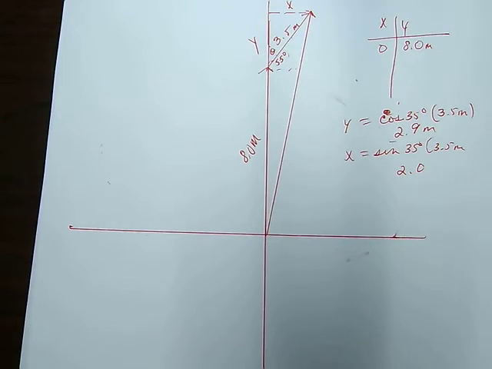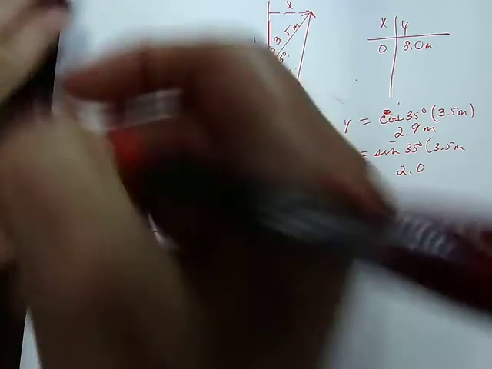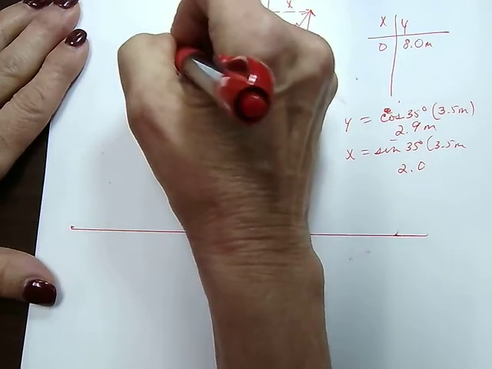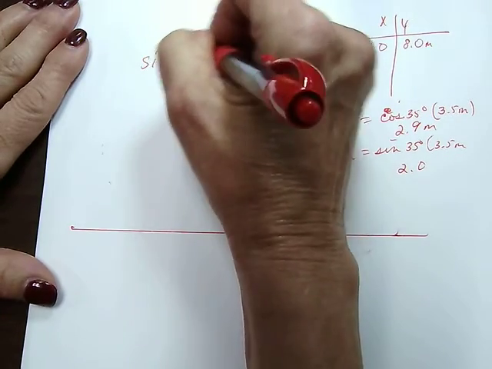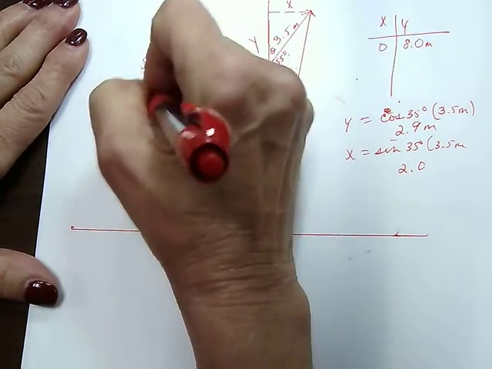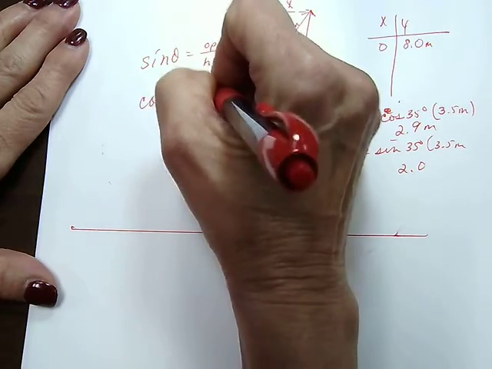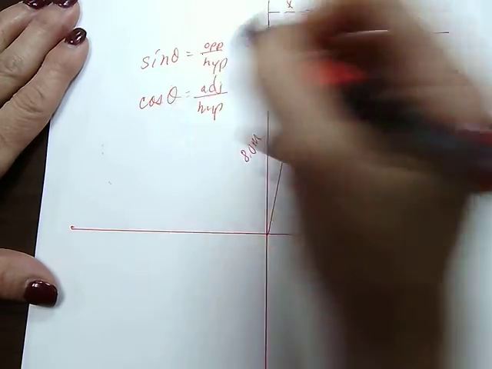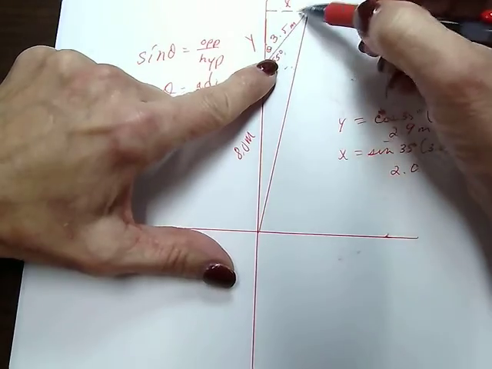Like, how do you get the sine and cosine stuff again? I have it written down. Okay. So sine of theta is opposite over hypotenuse, and cosine is adjacent over hypotenuse. Now look here, I'm looking at just this little tiny triangle.